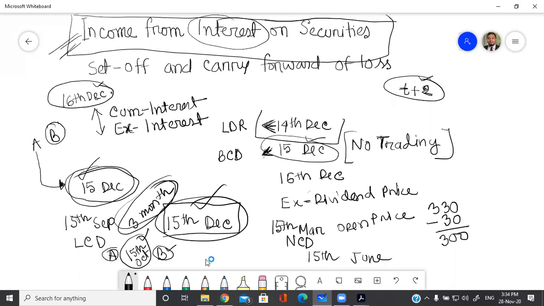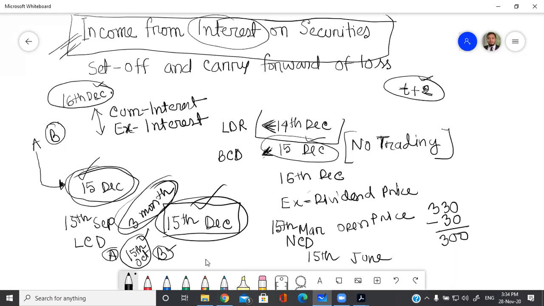So you can clearly know how we can determine the portion attributable to Mr. A and the portion attributable to Mr. B. That is not part of our discussion. I just would like to add this part so that you understand that it is not likely that transactions will be made only on the interest due date.